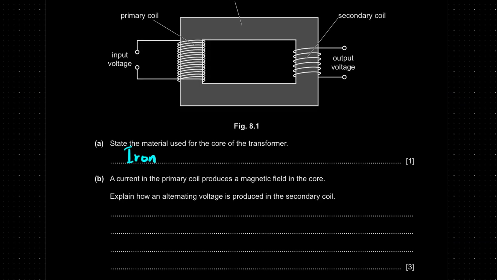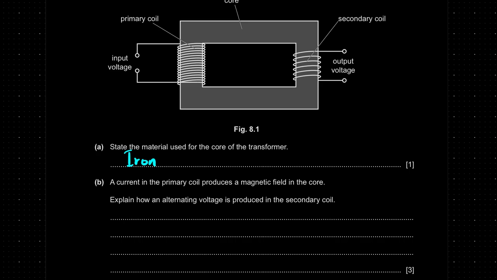A current in the primary coil produces a magnetic field in the core. Explain how an alternating voltage is produced in the secondary coil. So how is that alternating voltage produced? First of all, remember, even though it's not marked here, the input voltage is also alternating.